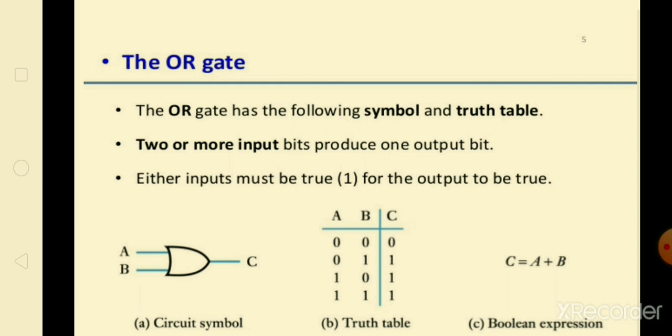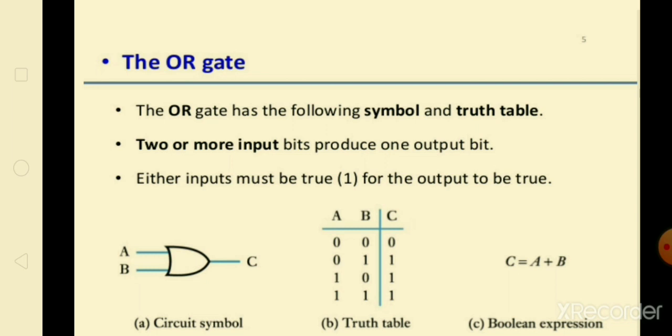So what you have to remember is, in column C, when the inputs are 0 and 0, 0 plus 0 is 0. In any other condition, whenever one of the inputs is high, or one of the inputs is 1, the output will be 1. It is exactly the reverse of an AND gate. So here you can write: when two or more inputs are low, at that time the output is low, else the output is high.